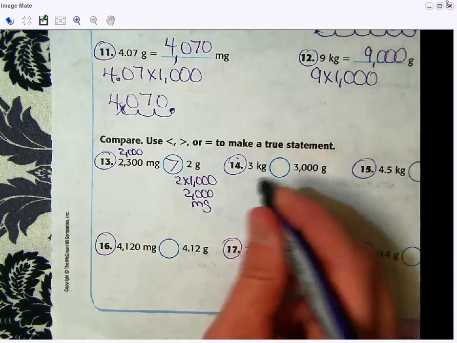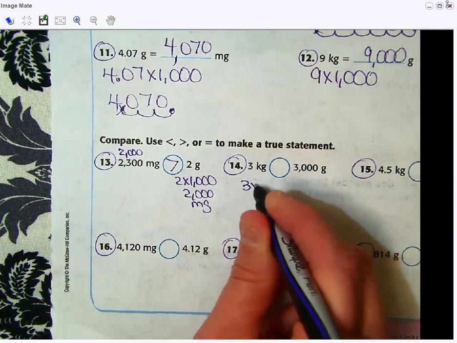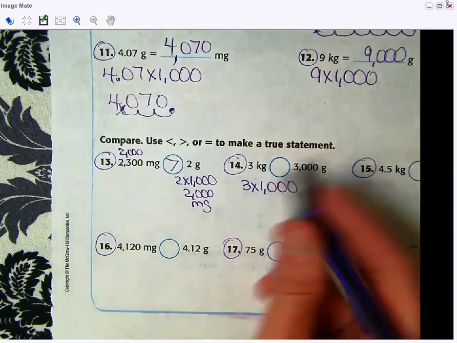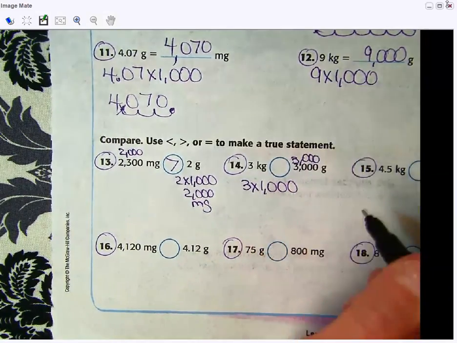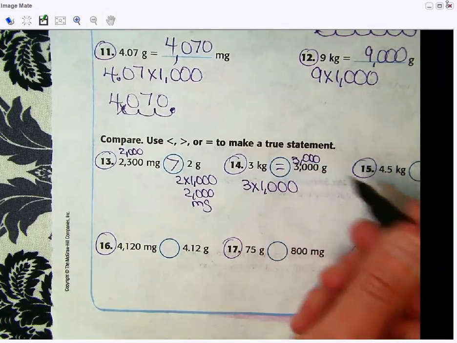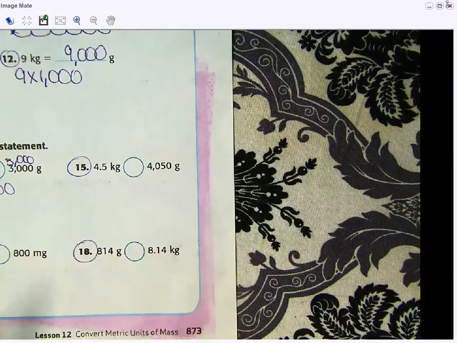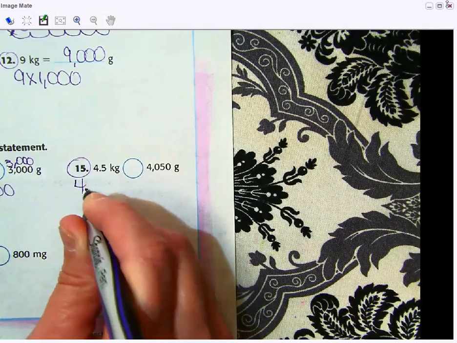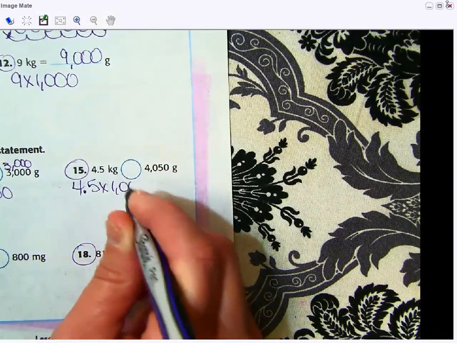Kilograms to grams, so we are going to convert 3 kilograms to grams, so that would be 3,000 grams, which is 3 kilograms is equivalent to 3,000 grams. Number 15, kilograms to grams, 4.5 kilograms, again, how many grams? 1,000.